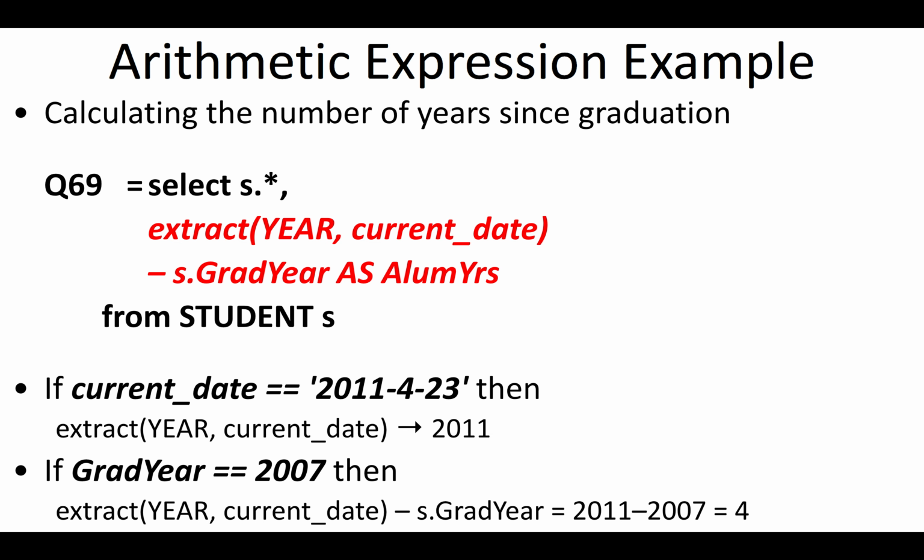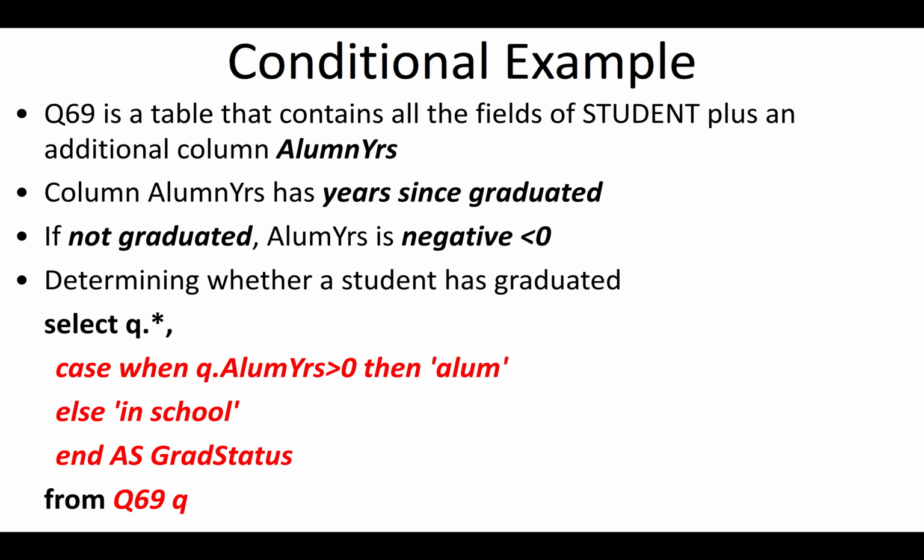We're going to reuse it. You can take that select statement, and we're going to use it in the from clause, right? We're going to call it Q, and we're asking, if it's positive, that means your graduation year is in the past, and then you are an alum. Whereas if it's negative, that means your graduation year is in the future, and then you're not an alum. You're still in school. And we're going to rename that field as a graduating status, right? So that's the result of the graduating status.